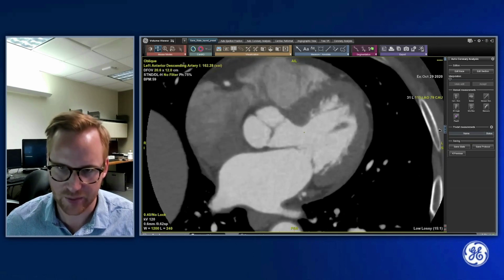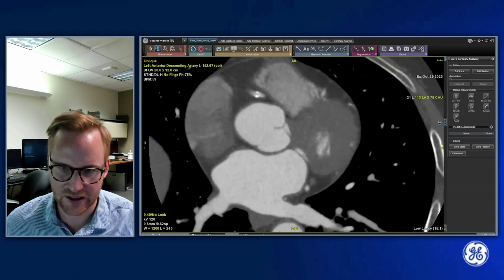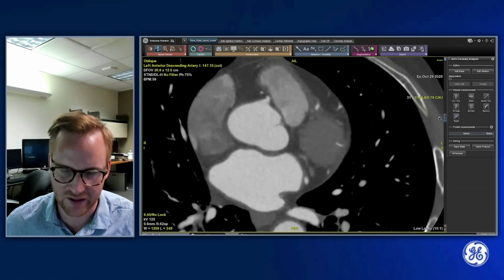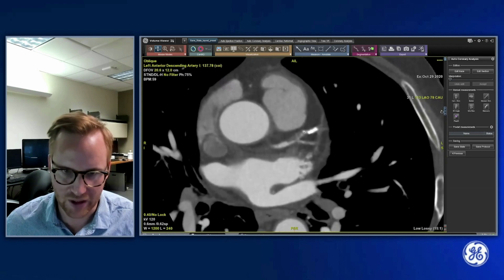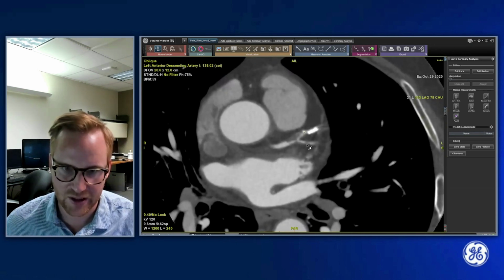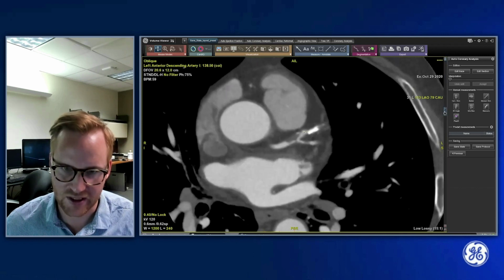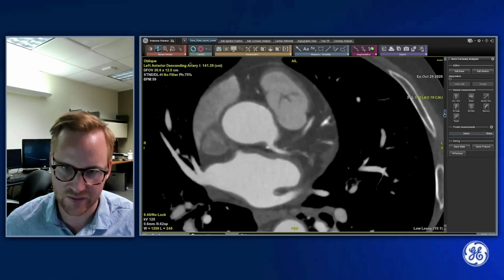As we come back up, we'll focus on the branch vessels, and there are two significant diagonal branches supplying the lateral wall. In the proximal segment of both the first and second diagonal branch, there's significant plaque noted that is both non-calcified and calcified that appears to be suggestive of severe stenosis.